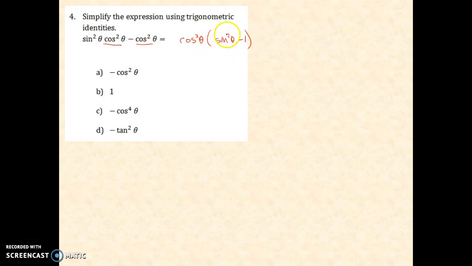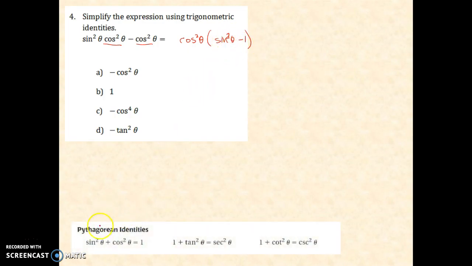Alright, well, does this help me? Sine squared of theta minus 1 is, let's see, here's sine squared theta, and if I get rid of the cosine squared theta, so subtract cosine squared theta from both sides, that'll give me sine squared theta equals 1 minus cosine squared theta.